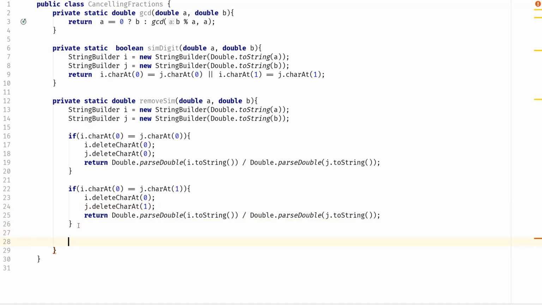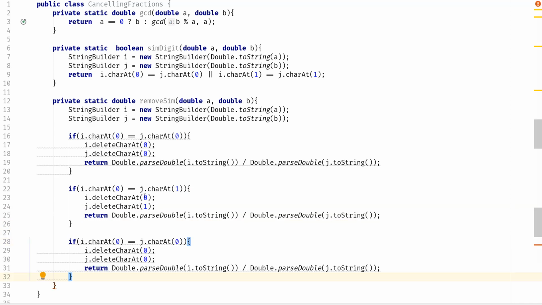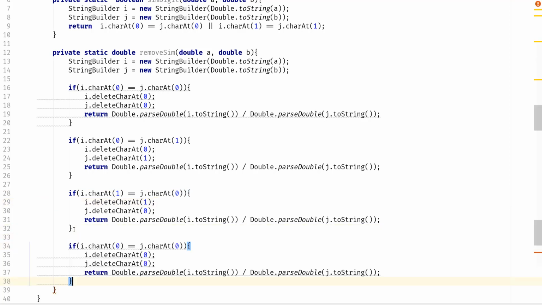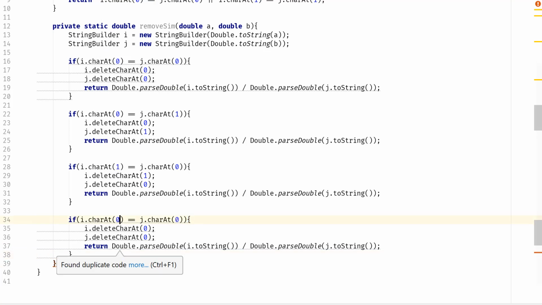And we can do the exact same thing, just reversing the order. Here we're going to do 1 for if the second number in i matches the first number in j, so we change this to 1. And then we have the last case for 1 and 1, if the ones match, so we're going to change this to 1 and 1.